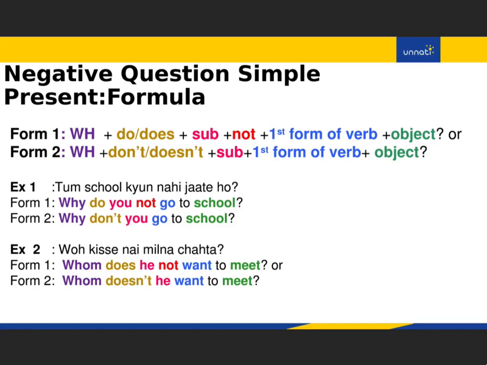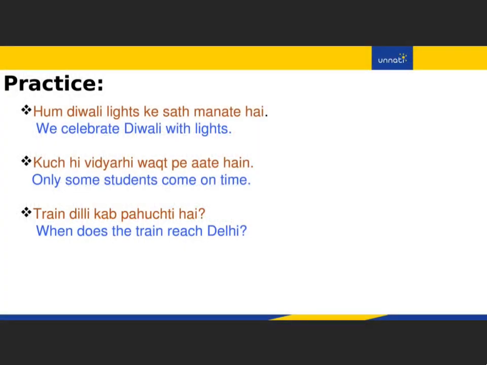So we have learnt about simple present tense. Now we'll do a quick practice session with a few examples. हम दिवाली लाइट्स के साथ मनाते हैं. We celebrate Diwali with lights. So this is affirmative simple present. कुछ ही विद्यार्थी वक्त पे आते हैं.